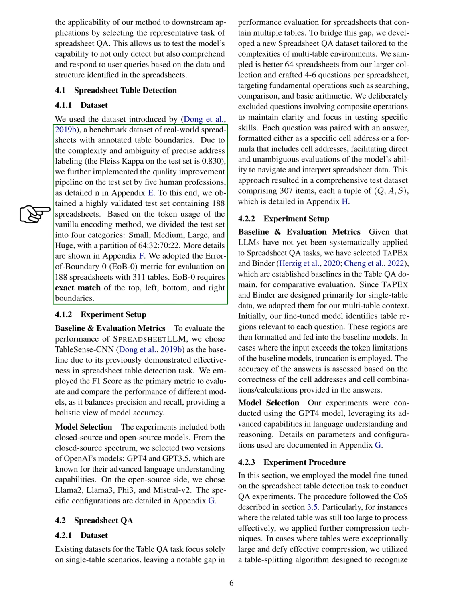This resulted in a validated test set containing 188 spreadsheets, divided into categories based on token usage. We evaluated our method using the error of boundary O, EOB0, metric on 188 spreadsheets with 311 tables to assess its performance accurately.